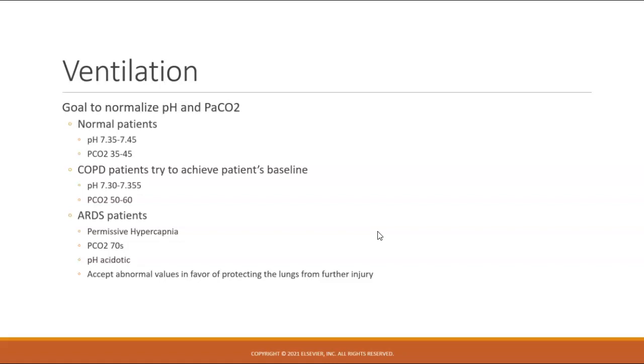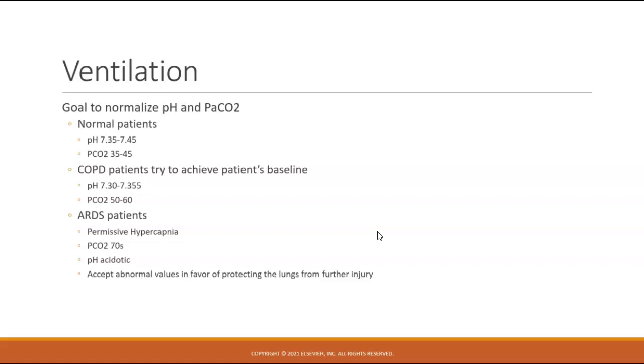Your ARDS patients, this might be impossible. You think about ARDS and the fact that these patients have very, very poor compliance. Those alveoli don't want to remain open, meaning that I'm going to potentially need to apply a lot of pressure to get them to open up and stretch and get a good volume in. Well, those pressures are going to do damage to those alveoli. So by using lower tidal volumes, I'm going to be protecting those patients from further damage to their lungs and further inflammation.